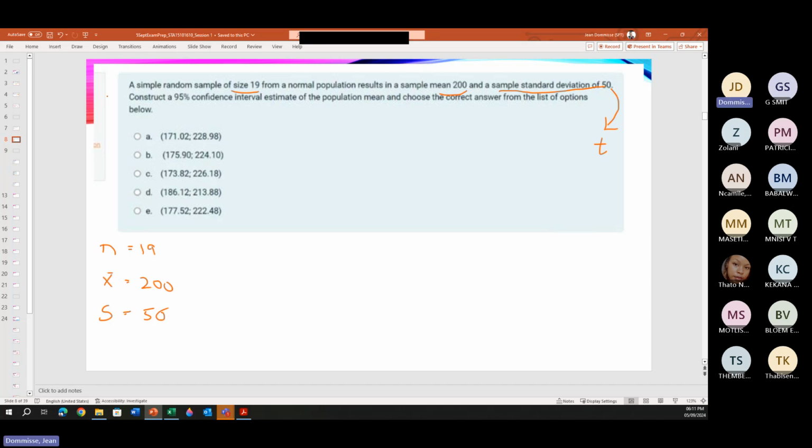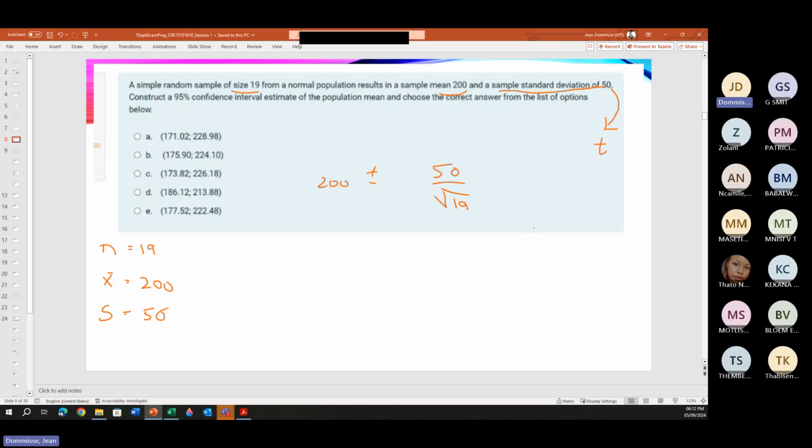Conduct a 95% confidence interval estimate of a population mean and choose the correct answer from a list of options below. Okay, so sample mean 200 plus minus the T, standard deviation 50 divided by square root of 19.